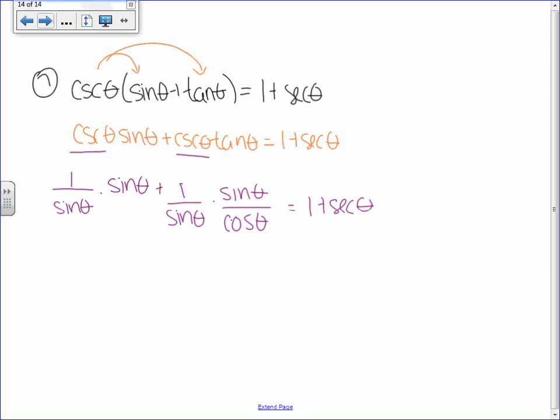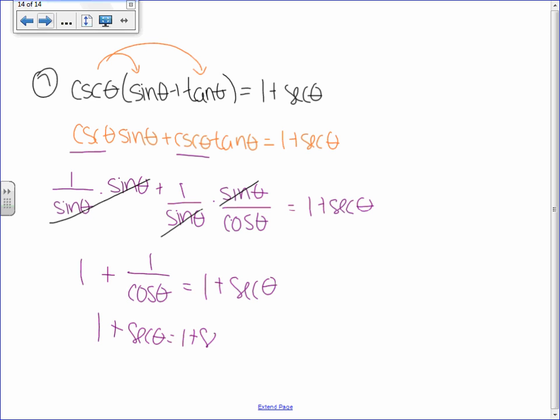And very similar to last time, I have stuff in top and bottom. So here this cancels, and here this cancels. So I'm left with 1 plus 1 over cosine theta. And the reciprocal of cosine is secant. So almost the same as number 6. This checks.